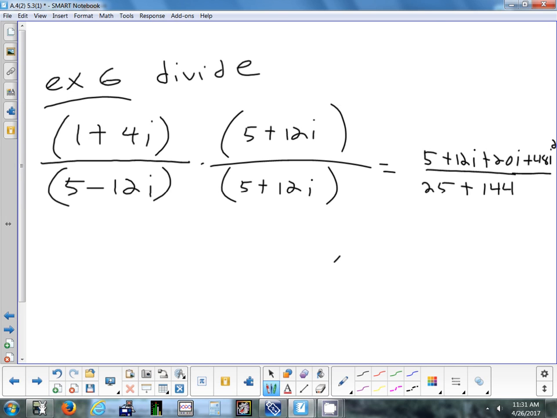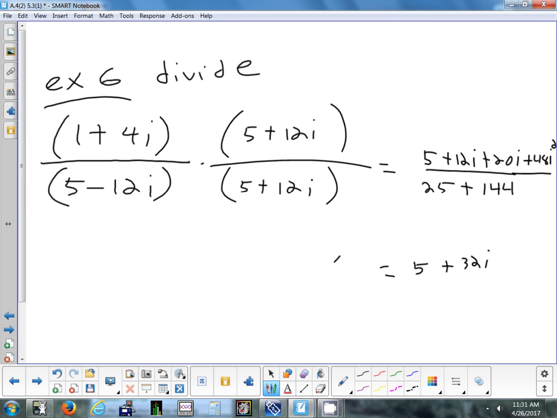48i squared. Okay, so that's a good start, but a few things we need to do. We have to deal with the i squared, the like terms, and we have to separate it into two fractions. All right, we can start with the like terms. Becky, what's 12i and 20i? 32i. And let's deal with that at the same time.